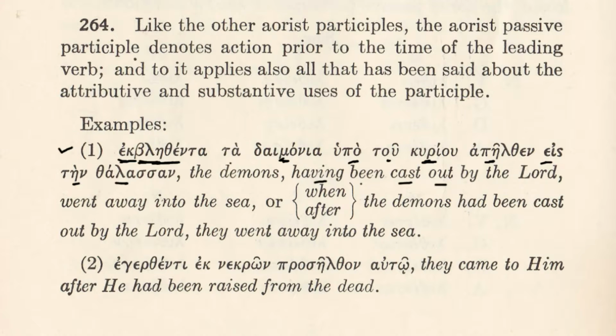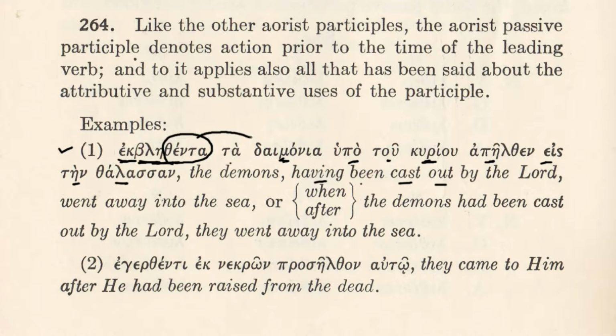So having been cast out, I see the thenta here ending is associated presumably with the neuter, and in this case it could be the neuter nominative plural or the neuter accusative plural. Could be either one, or for that matter it could be the masculine accusative singular. So right now I don't know for sure which one is involved, but I'm going to be able to determine from the rest of the sentence which way we'll go with our application of that aorist passive participle.